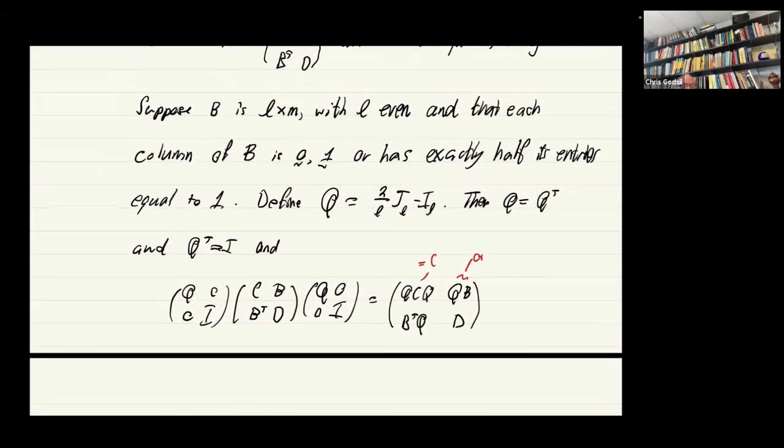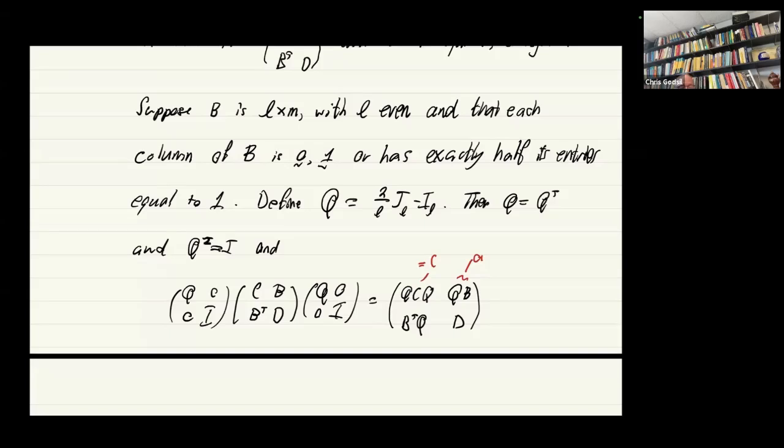So define Q to be 2 over L times J_L minus I_L. Q is symmetric and Q squared is the identity, so it's orthogonal. And when you do the calculations, applying Q fore and aft, you get this.